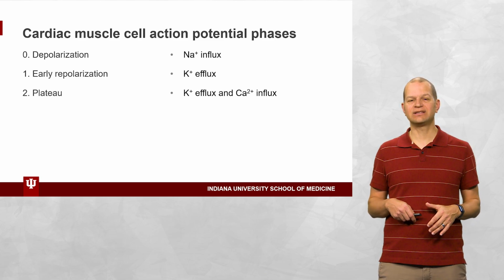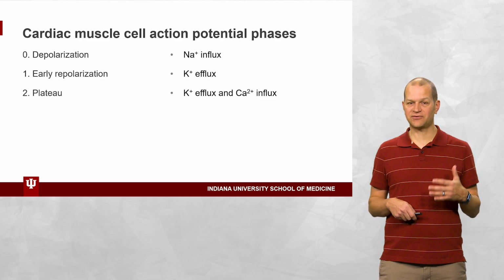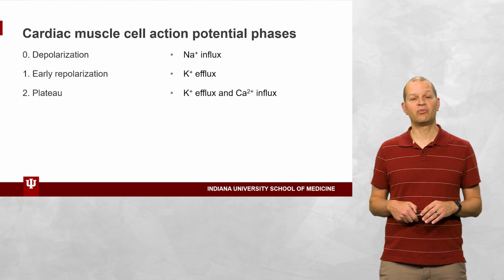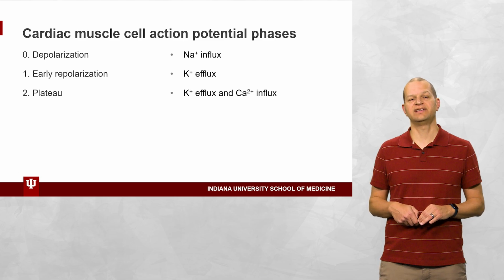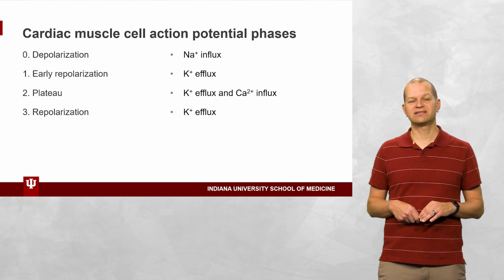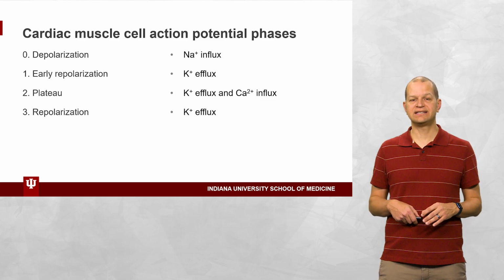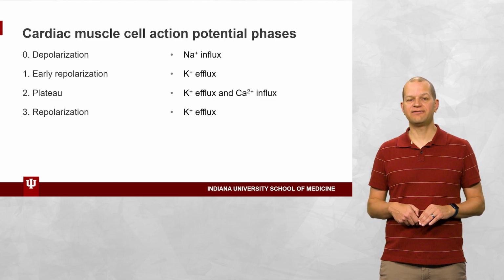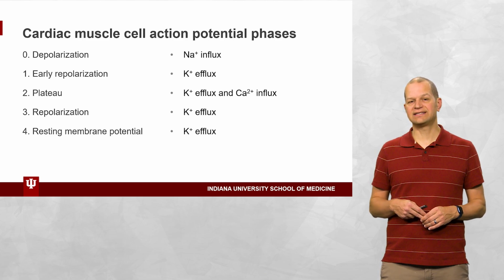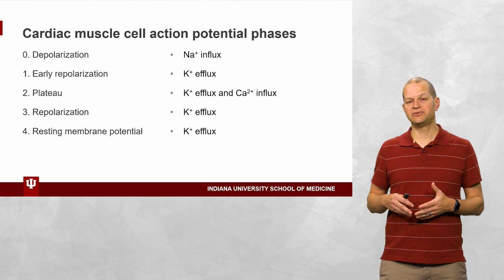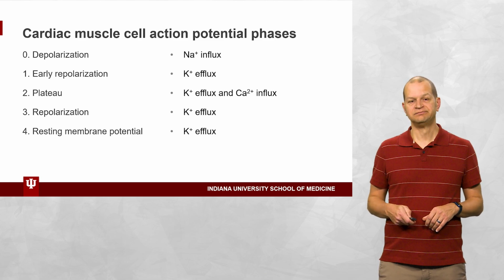And so this essentially balances out or maintains for a short period of time the membrane potential of these cardiac muscle cells. Once those calcium gates closed, then repolarization continues due to that potassium efflux. And then we get back down to resting membrane potential. And this is also due to potassium efflux.